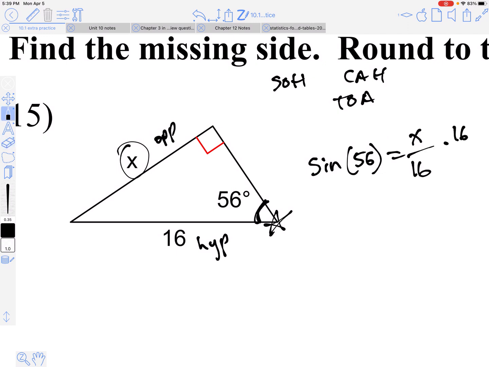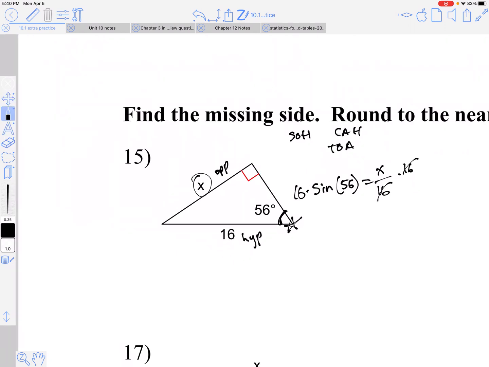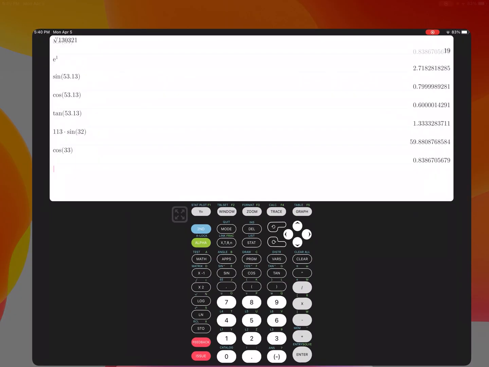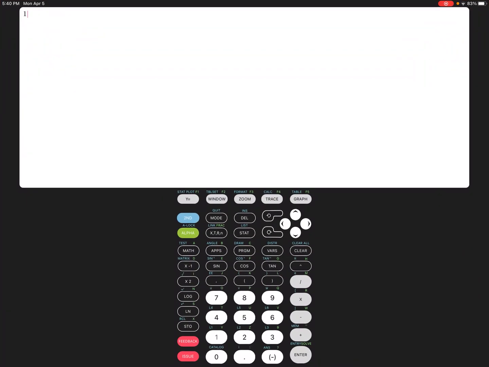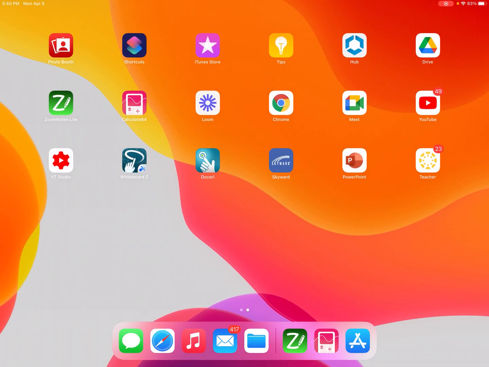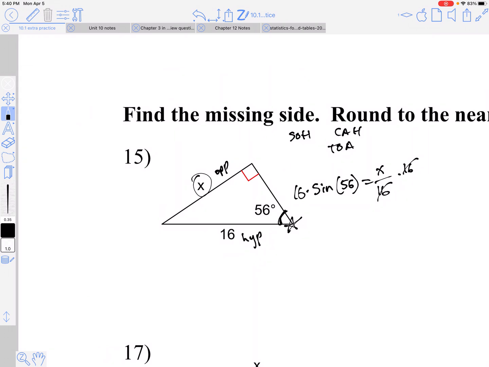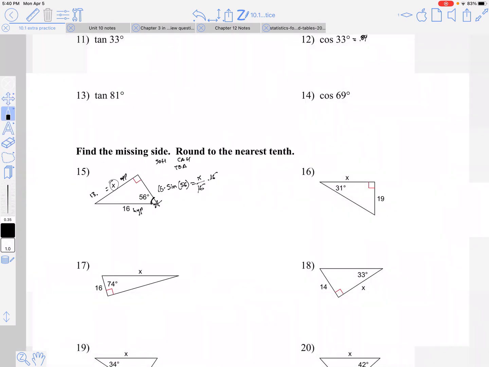So I'm going to multiply both sides by 16, put that in my calculator, and I'll get the answer. So 16 times sine of 56, I get 13.26. So that side, if we were to pull out a measuring stick, would be about 13.26.